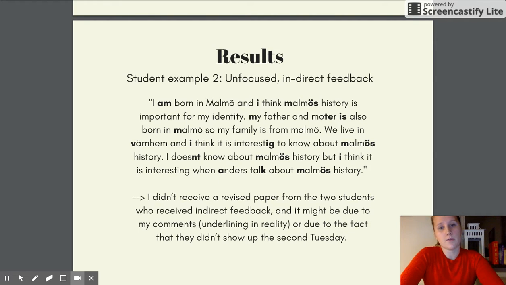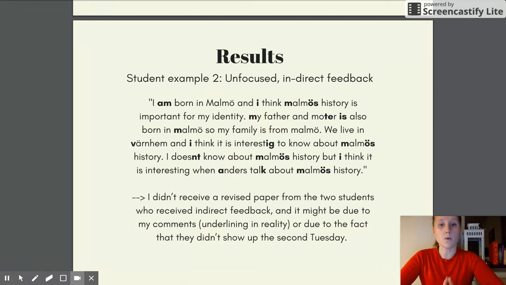The second example was from a student that got unfocused, just like the previous student, but indirect feedback. Here, as I said, I used underlining, but that didn't work in this presentation program. And sadly, this student didn't revise his paper.